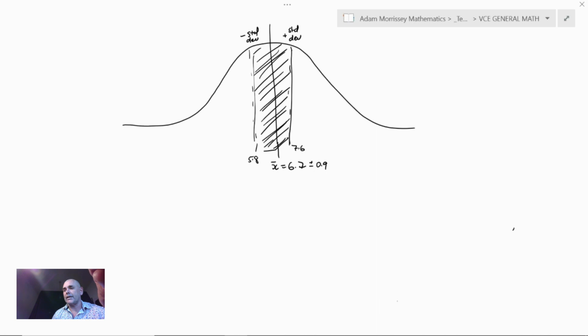a measurement. The standard deviation gives us a measurement of how spread out the data are. And we know that 68% of all the data values should lie within plus or minus 1 standard deviation of the mean.